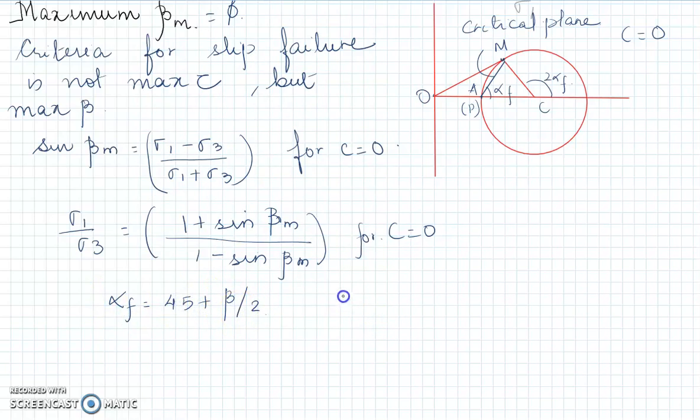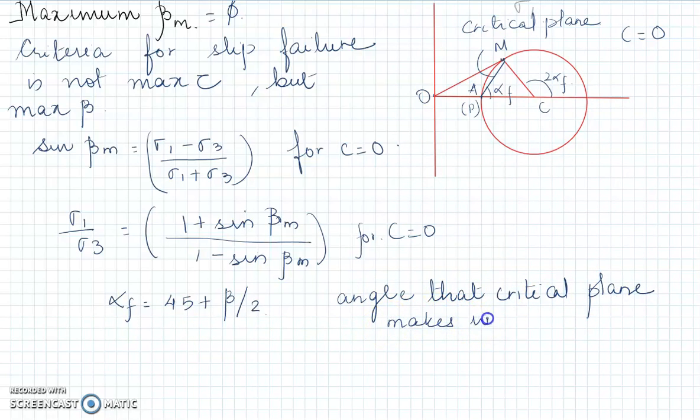What is alpha f? The angle that the critical plane or failure plane makes with the major principal plane.